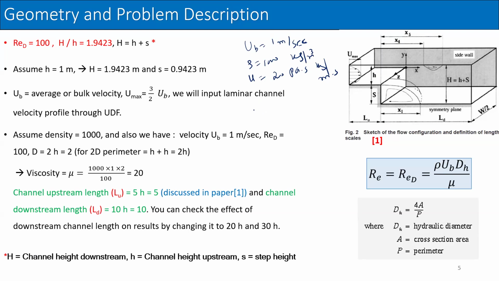The geometry properties are H equal to 1, S equal to 0.9423, the upstream length LU equal to 5 meters, and LD equal to 10 meters. Also, the total height on this part is capital H equal to 1.9423. So now we have everything to solve the problem.